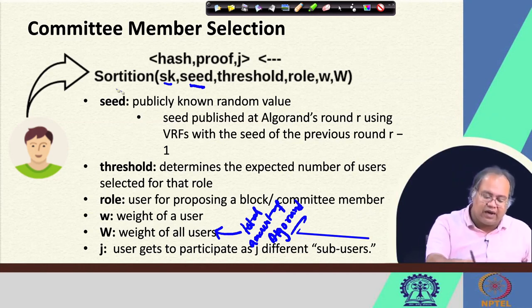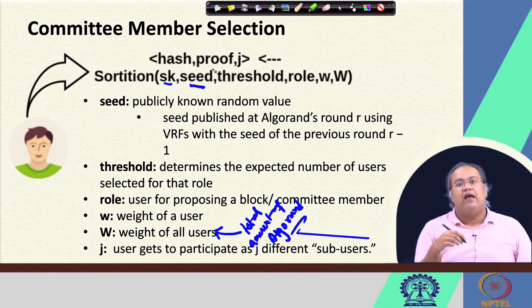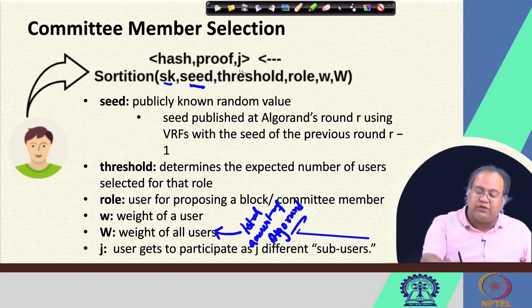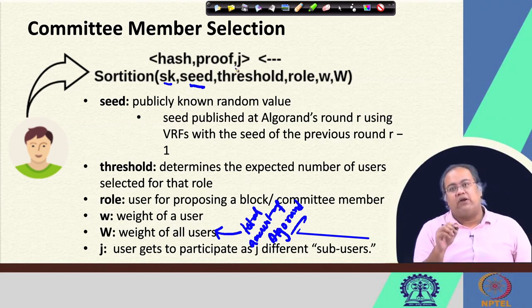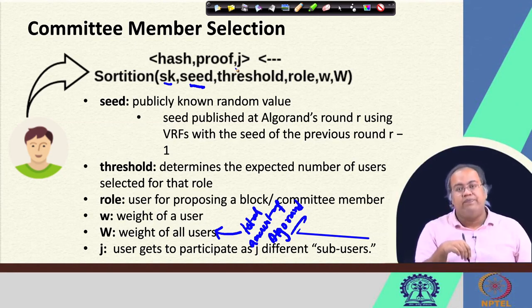So, the user runs this sortition mechanism, and it returns the hash, the proof and j. That information is used as a proof that I am going to be a part of the committee. If the value j is non-zero, it means the user is part of the committee. If the value j is 0, it is not a part of the committee.